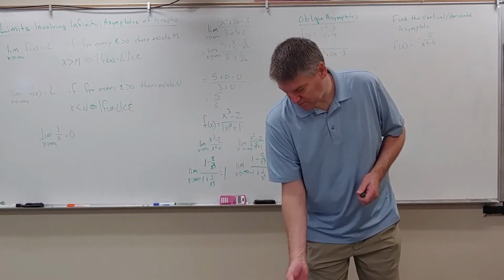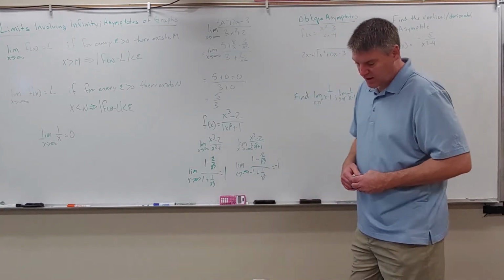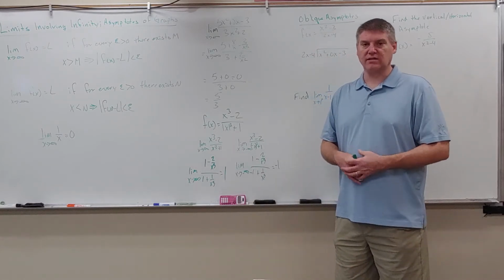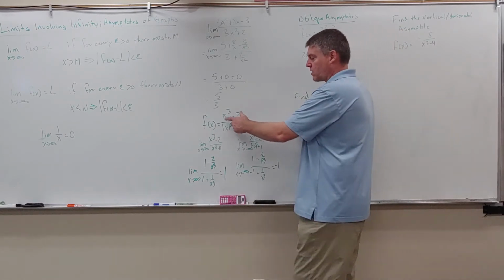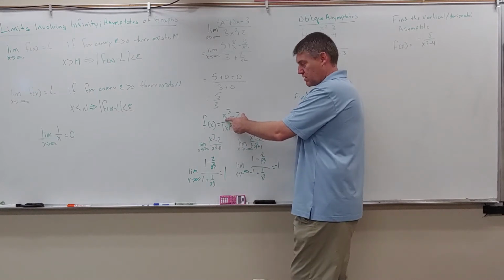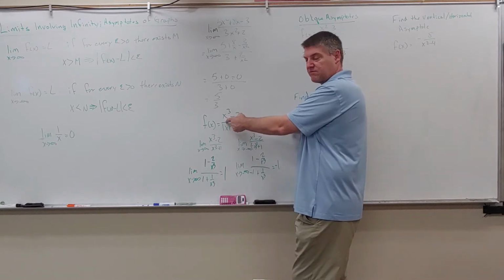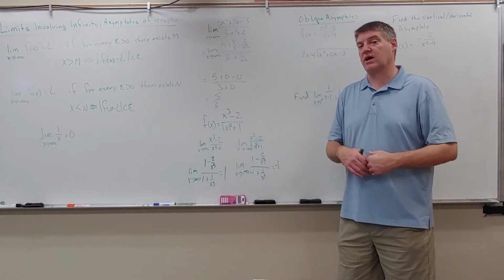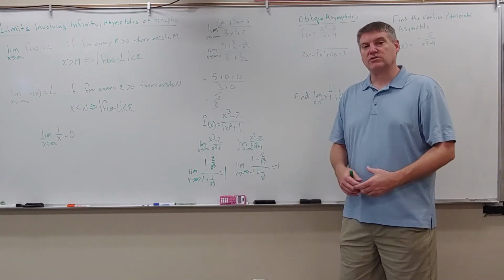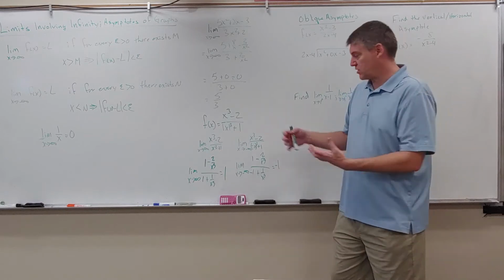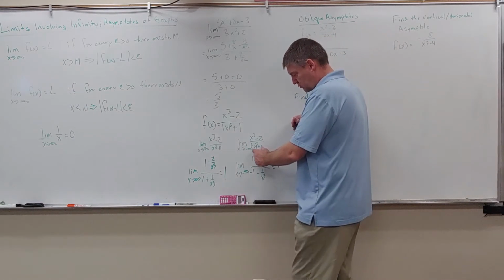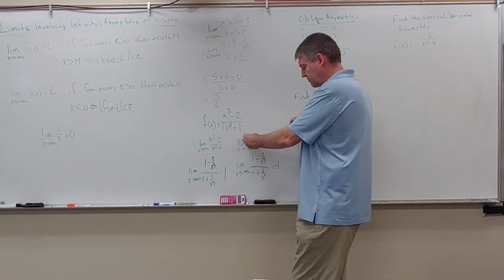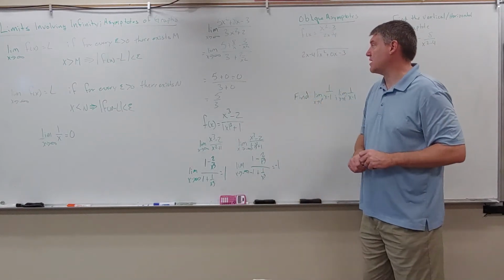That makes sense: if I put a negative number in here, I get a negative number cubed. And if I put a negative number in the absolute value, it becomes positive. A negative negative turns into a positive, positive cubed. Okay, so that same idea.